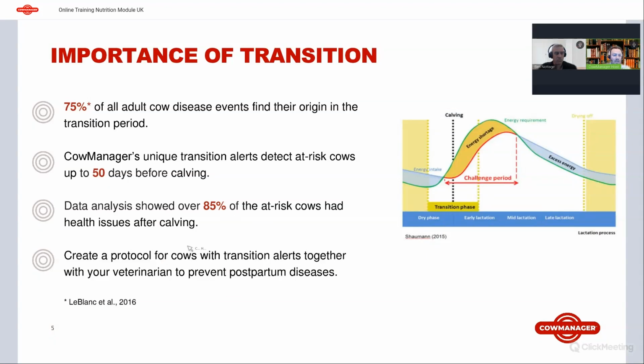We did an analysis all over the world of all CowManager cows and we saw that over 85% of all those transition alert cows got sick in the first 30 days after calving.